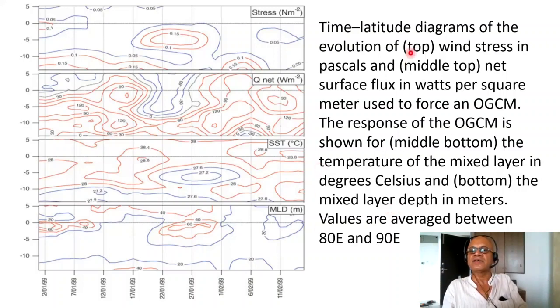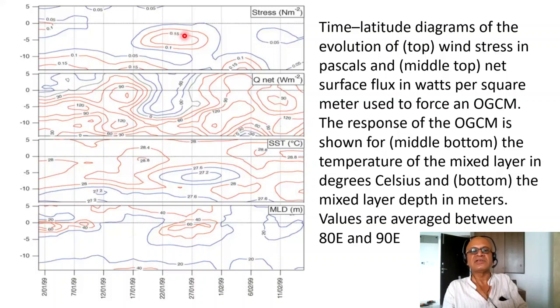This is the time latitude diagrams of the evolution of wind stress. Here we are looking at 80 east, 90 east, so in the Indian Ocean sector, going from the southern hemisphere into the mouth of the Bay of Bengal. So there is an ITCZ region where a wind stress anomaly kicks up.